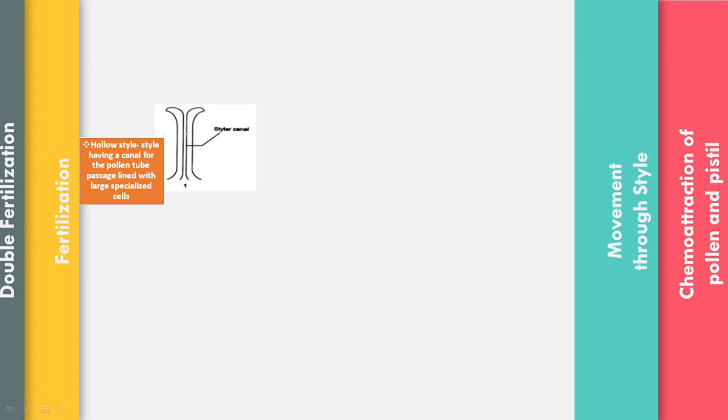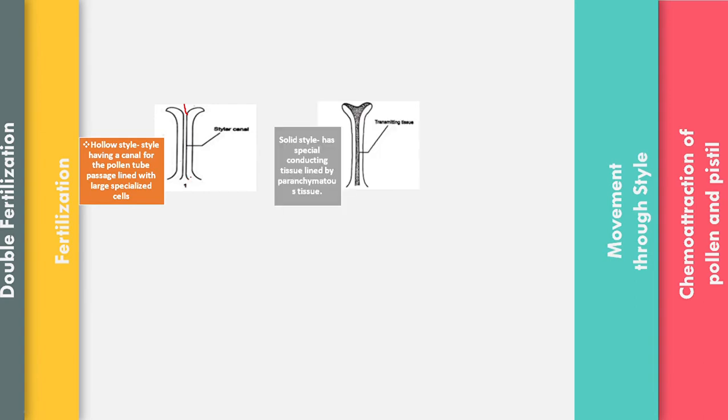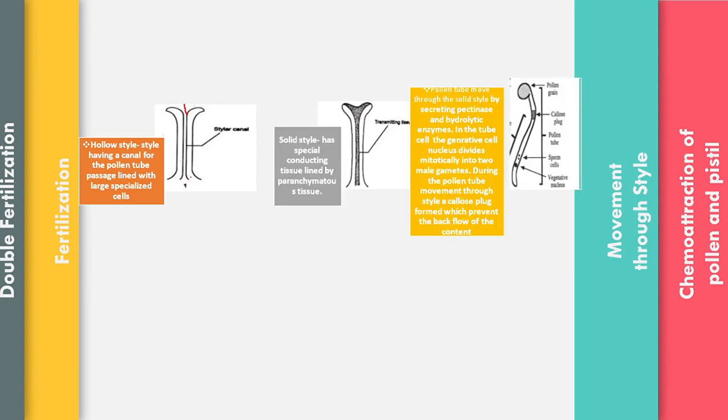So in the hollow style, it is very easy for the pollen tube to descend. Okay, but here are the various conditions.